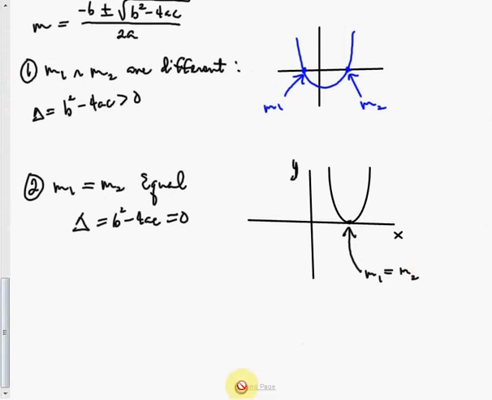Then the third possibility, no more space. M1 and M2 are complex conjugates or imaginary.